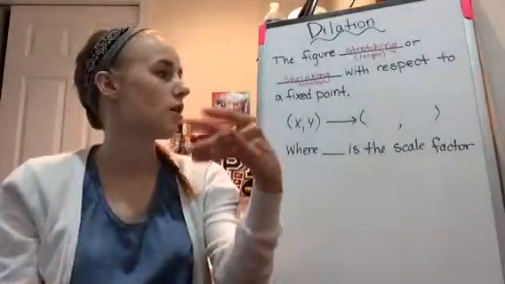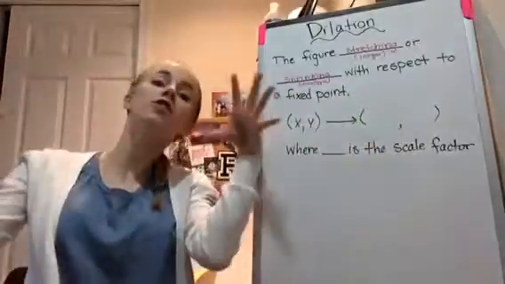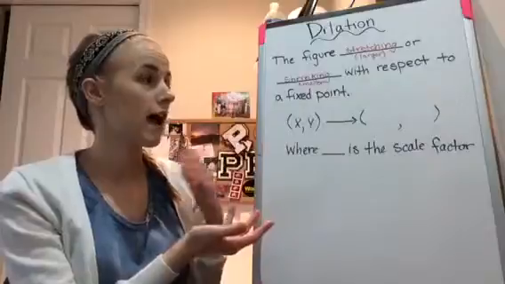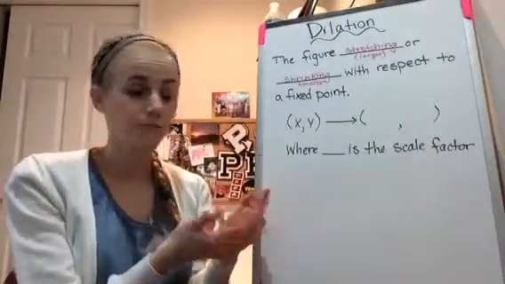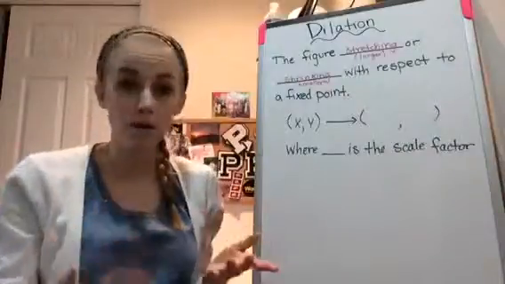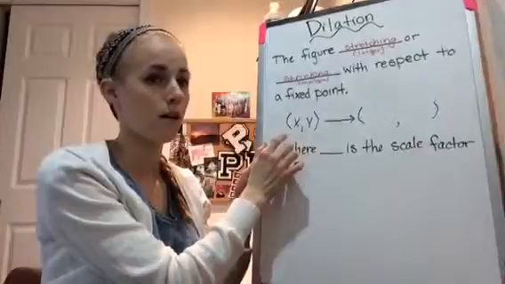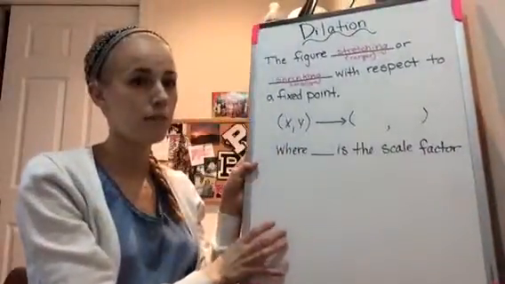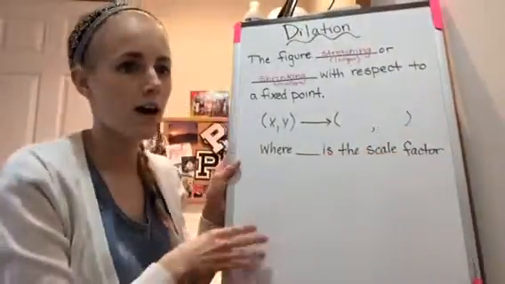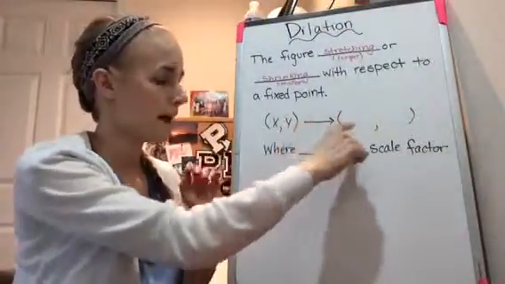So the important thing to know then is what is the amount we are either stretching it or shrinking it by. So the first thing you want to take a look at is the scale factor. And the scale factor is simply what are we multiplying our original point by, which is the x, y.